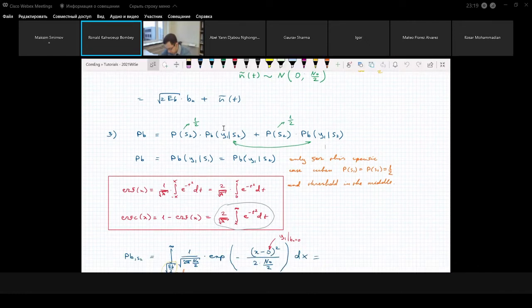Yes, this is what is shown here. This is the first tail, and we have another tail. And we assume that both tails are equal. So I thought the total probability of error was going to be 2 times the probability of each of the tails.